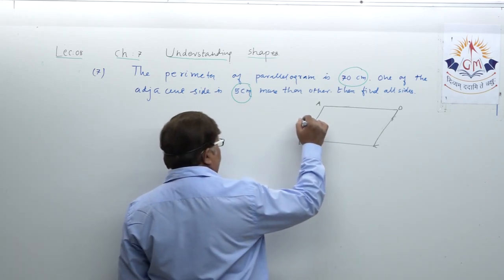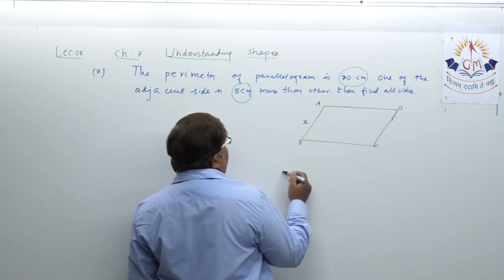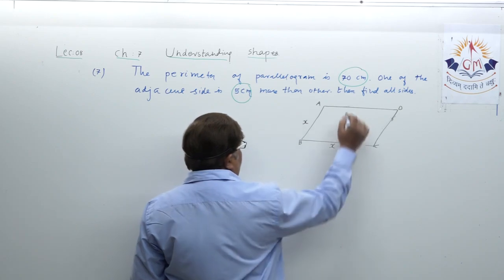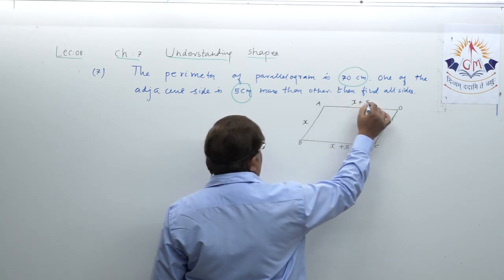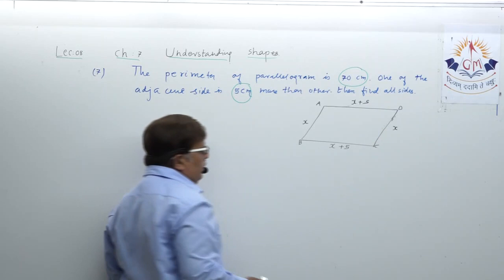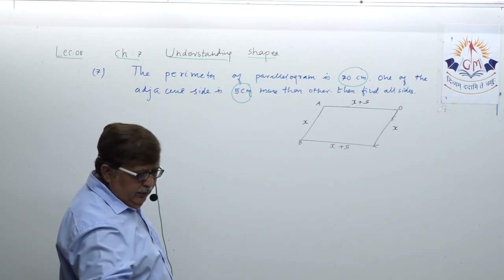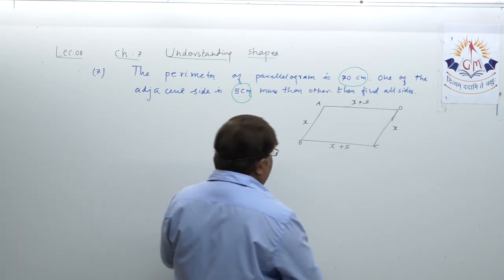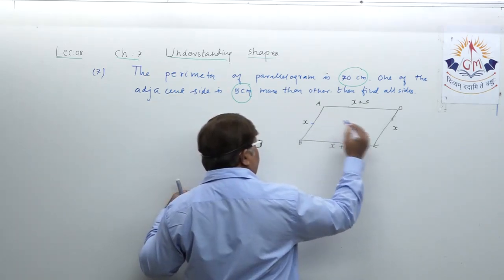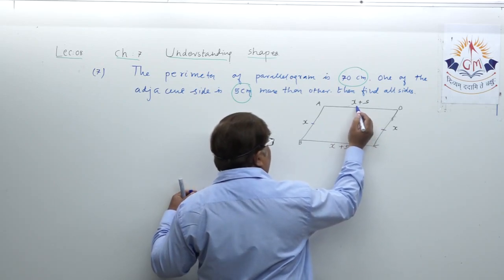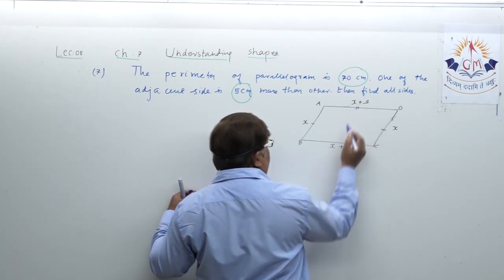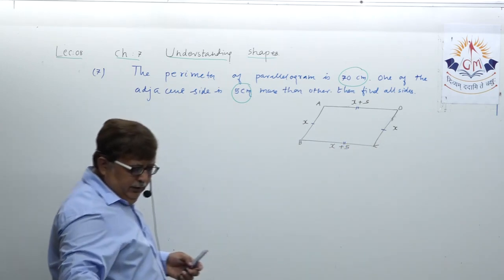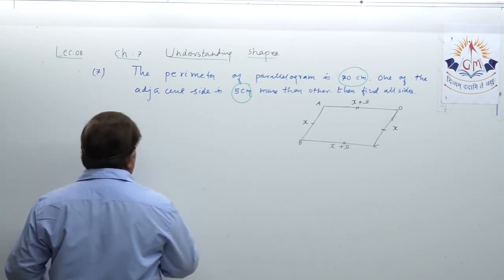Let us suppose the shorter side as x and the longer side obviously will become x plus 5, that you know, dear student. In the exam I want you to mention symbolically that these two opposite sides are equal, and these two opposite sides are equal.